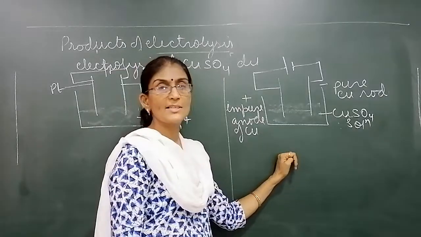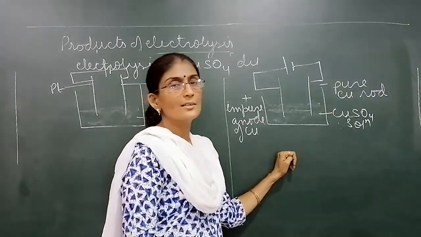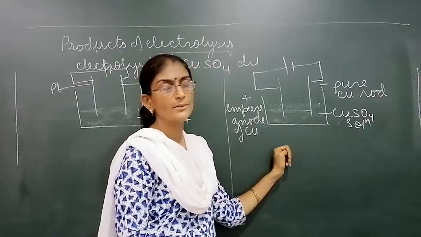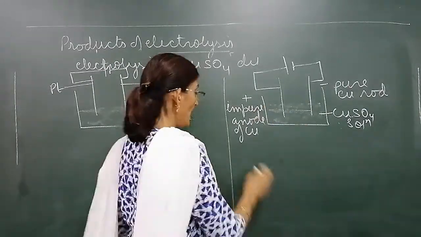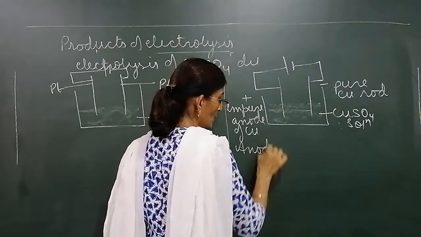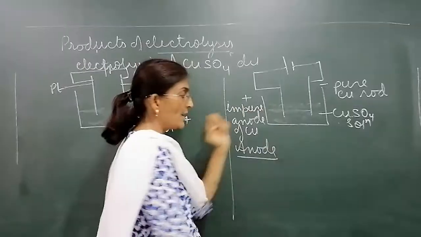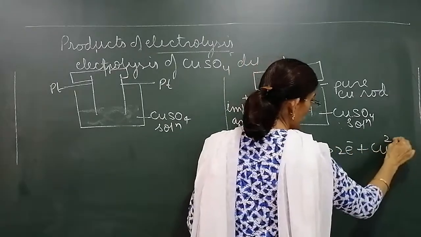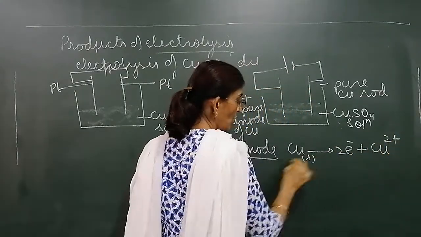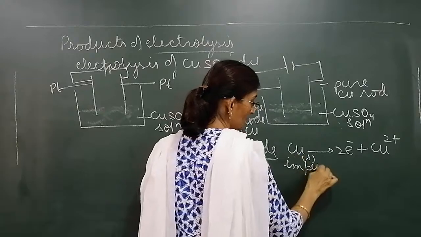Now in this case, as you studied in 10th standard, this is nothing but refining of copper. How will the reaction take place when copper electrodes are there? At anode, impure copper undergoes oxidation. 2 electrons will be lost, copper ions will be formed. This is impure copper, which is at anode.